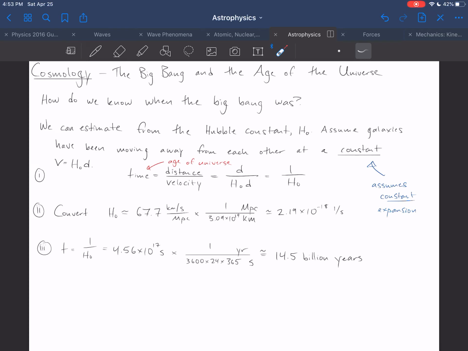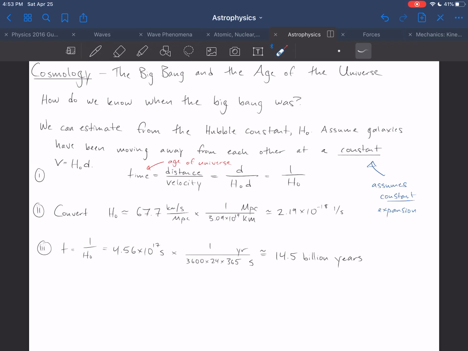Consider this. If you assume galaxies have been moving away from each other at a constant velocity, the assumption we're making right now, which turns out not to be 100% accurate, is that this expansion is constant. It's been the same throughout history. Then they've been moving away from each other at a constant velocity equal to H naught times d.